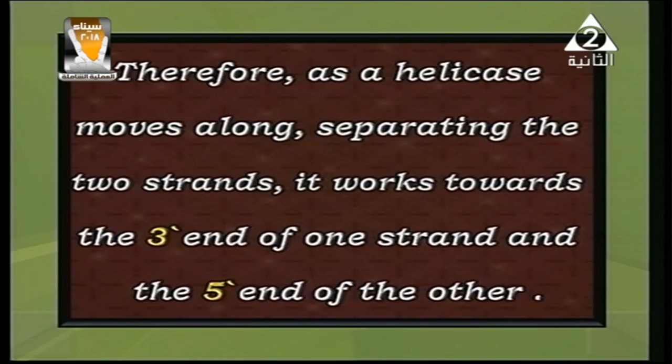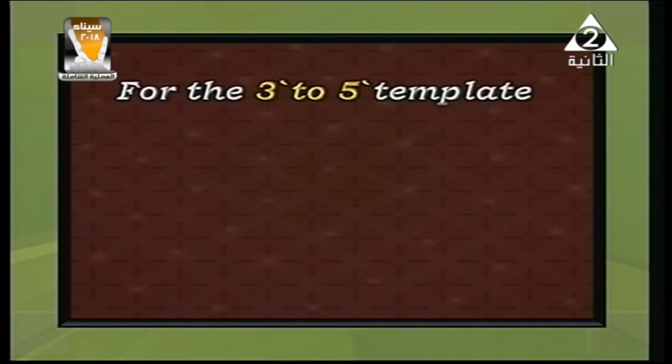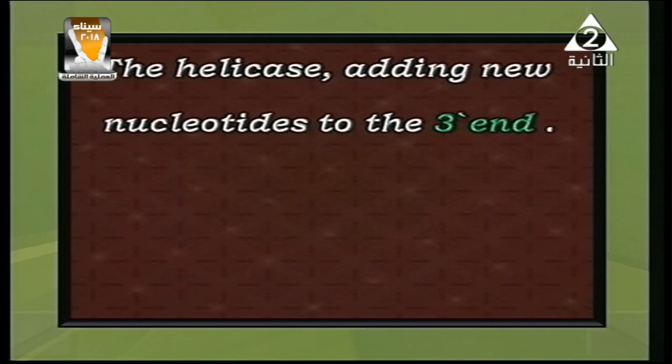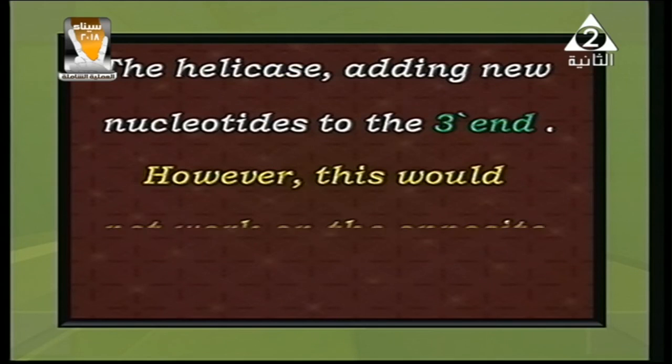It works towards the 3' end of one strand and the 5' end of the other strand. For the 3' to 5' template strand, there is no difficulty; the polymerase follows, adding a new nucleotide to the 3' end.